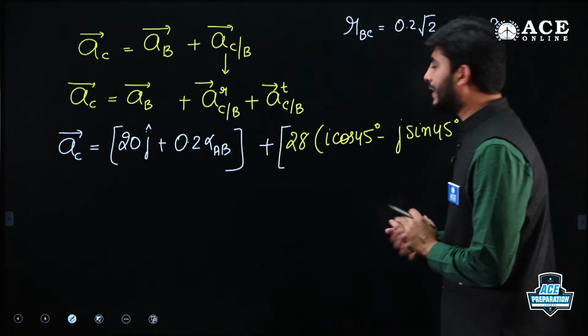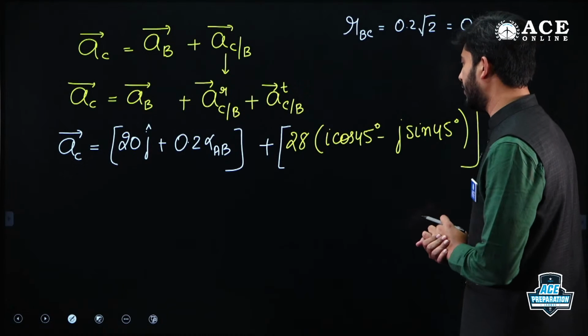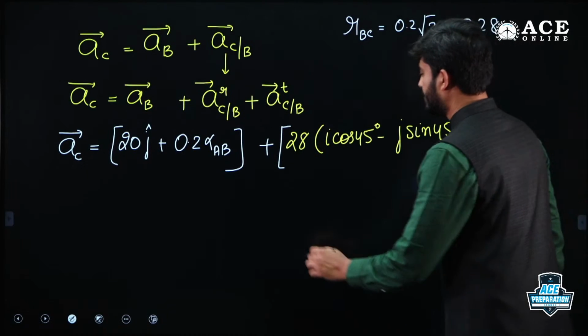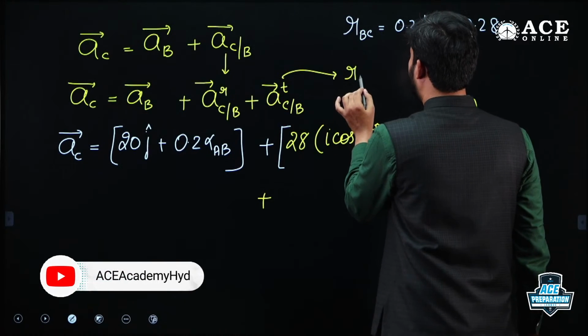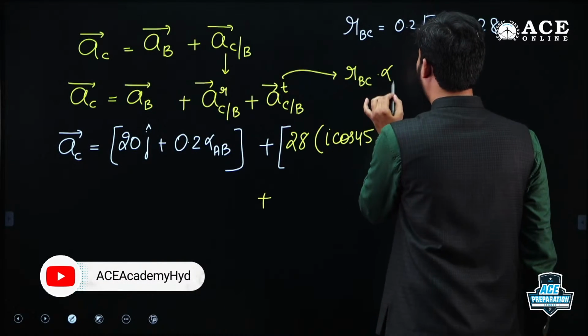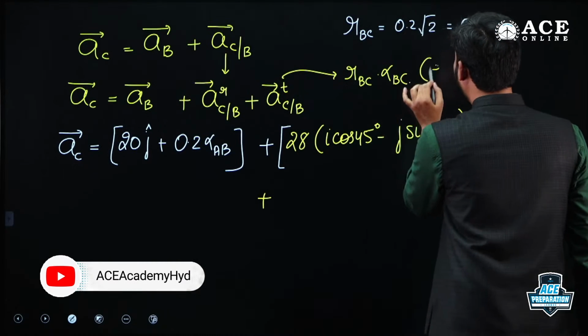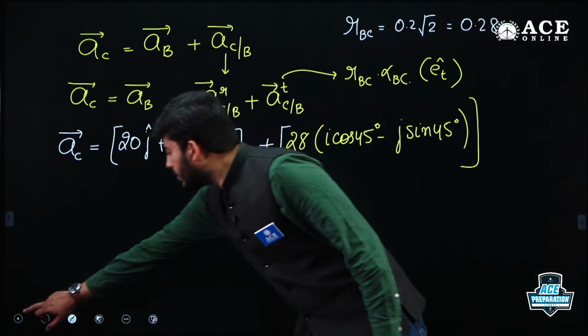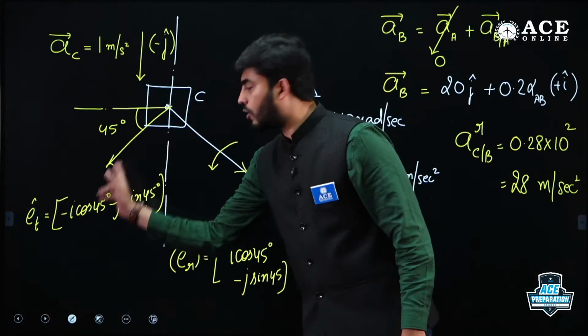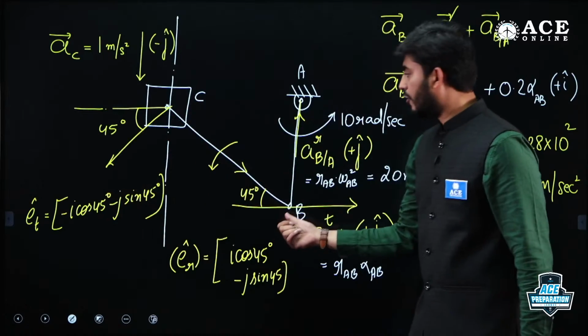Similarly, guys, the tangential component, how do we express this? We express this as R_BC into alpha_BC into e_t cap. I have assumed e_t cap in the third quadrant and this is in the fourth quadrant.